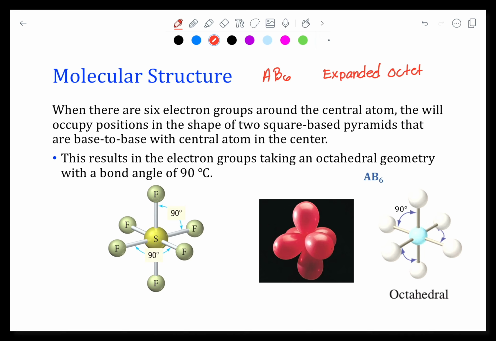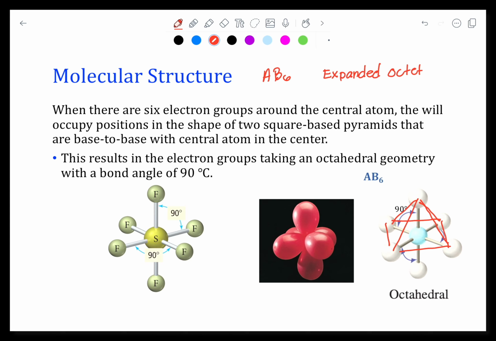This results in the electron groups taking on an octahedral geometry with a bond angle of 90 degrees. Okay, so we have, again, those pyramids, but now they're in a square arrangement. I'm not great at drawing, but we can see that nice square pyramid there.